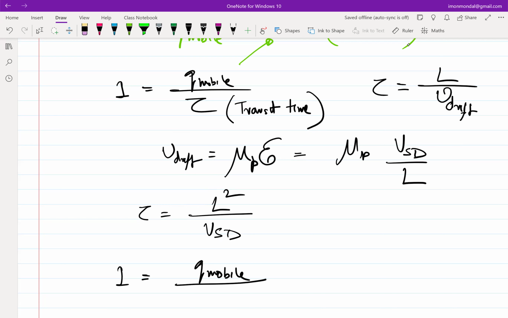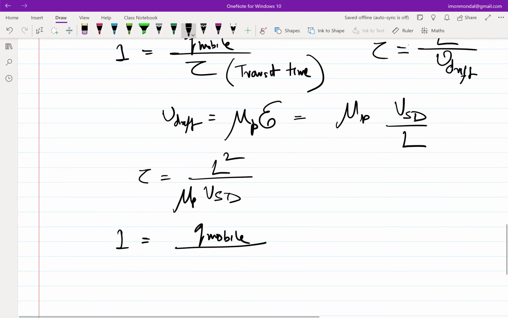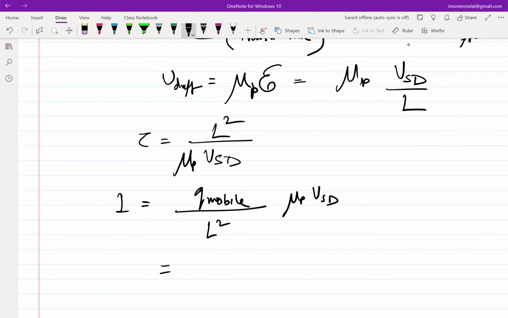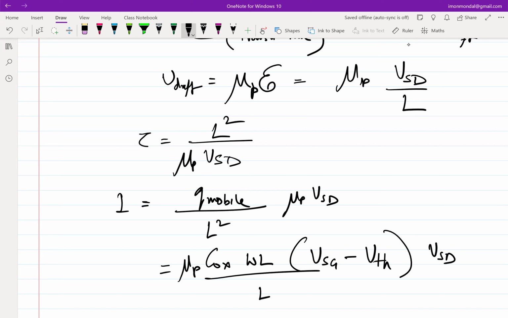Q mobile. Correct. So mu P goes with VSD: Q mobile over L squared times mu P times VSD. And Q mobile was Cox times W times L times VSG minus some threshold voltage, times mu P times VSD by L squared.